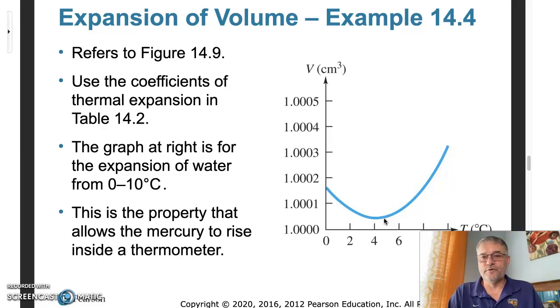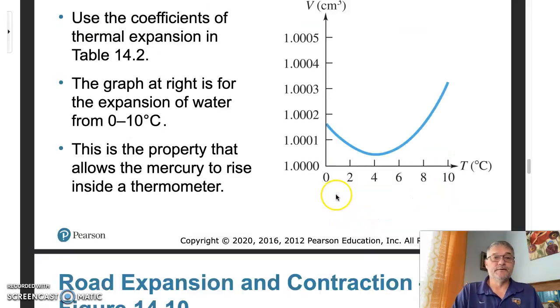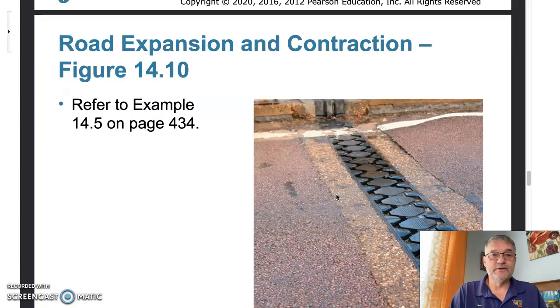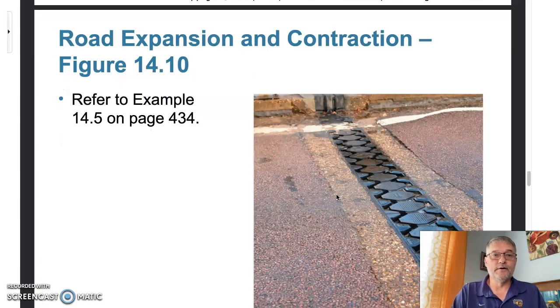And the answer is 4 degrees Celsius. It's always 4 degrees Celsius at those depths, because the coldest water, or the densest water, will settle to the bottom, and the densest water will be 4 degrees Celsius, not 0. Interesting phenomenon that's somewhat unique to water.